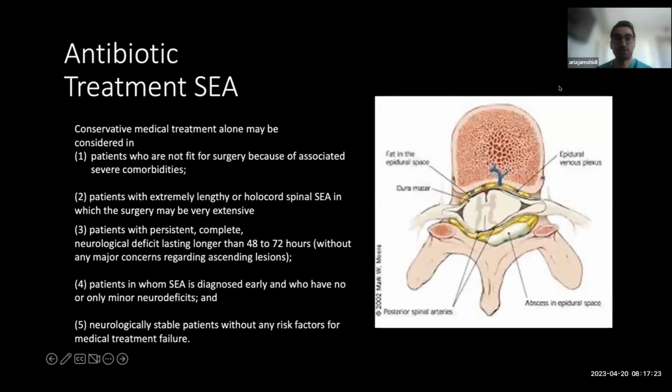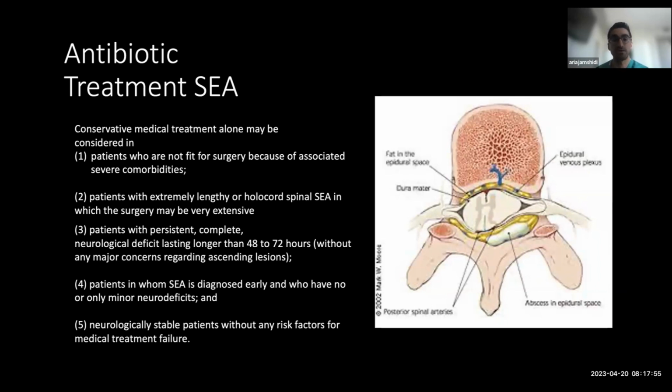In terms of antibiotic treatment for spinal epidural abscess, in terms of the indications, if it's caught early and patients don't have any sort of neurological deficit, it's definitely reasonable to start off with antibiotics. I think that's number one. Number two, if a patient has had a complete neurological deficit longer than 48 to 72 hours, some would also say it's probably foolhardy to try to do a laminectomy.